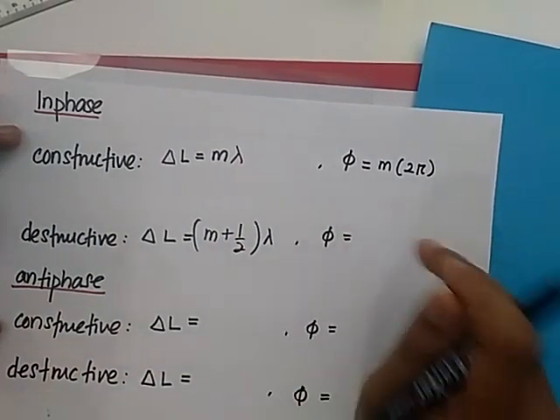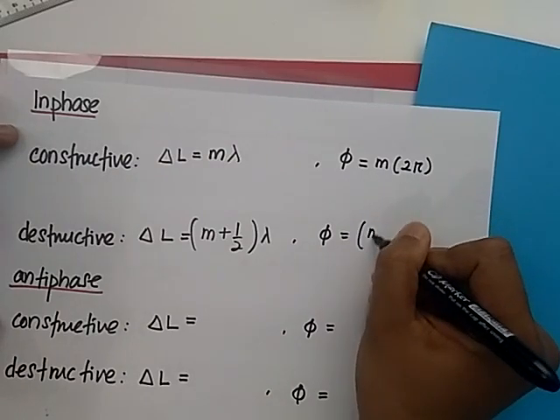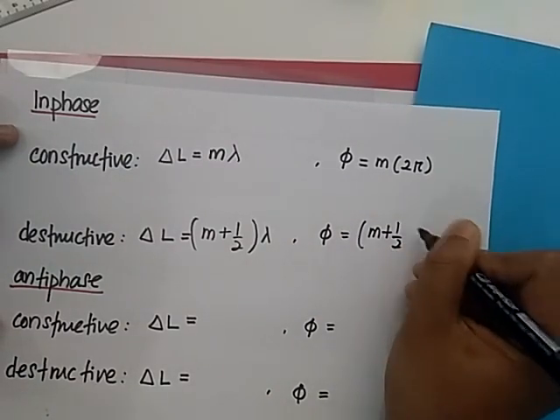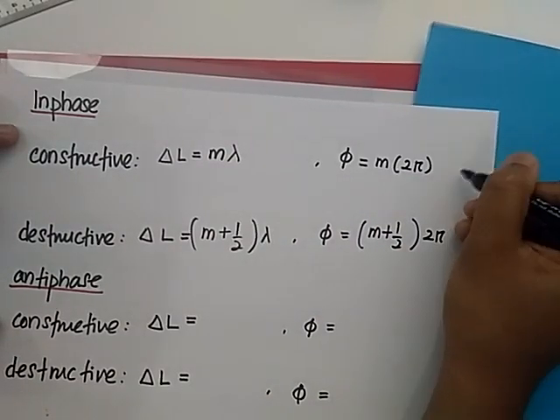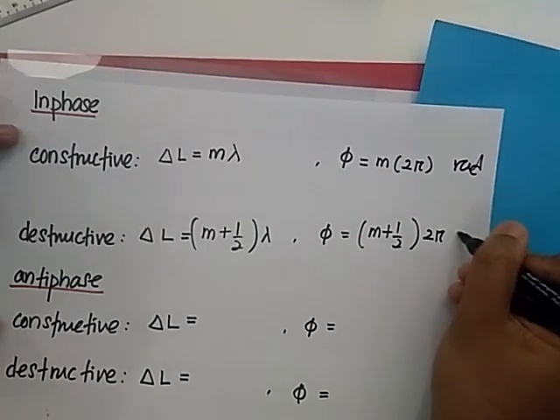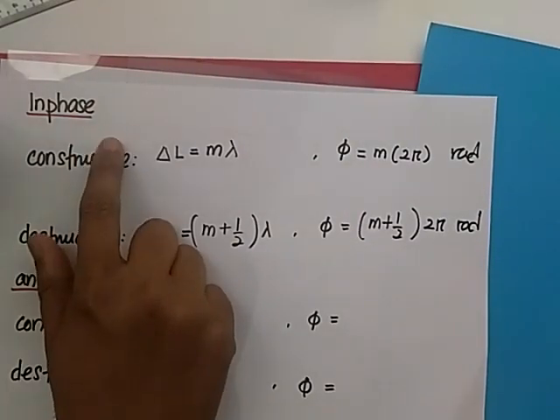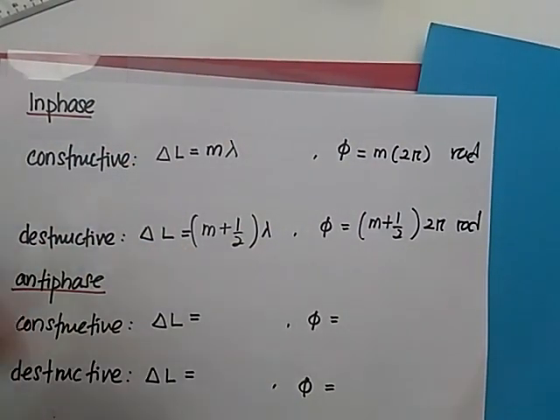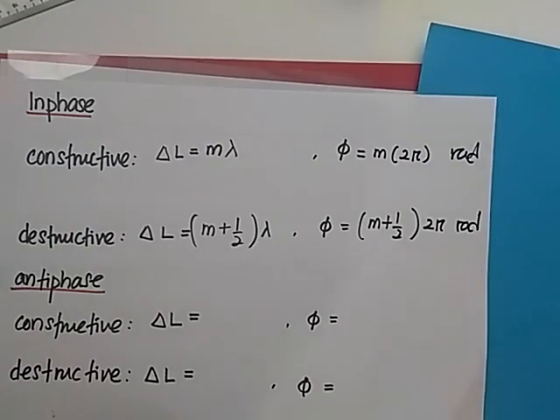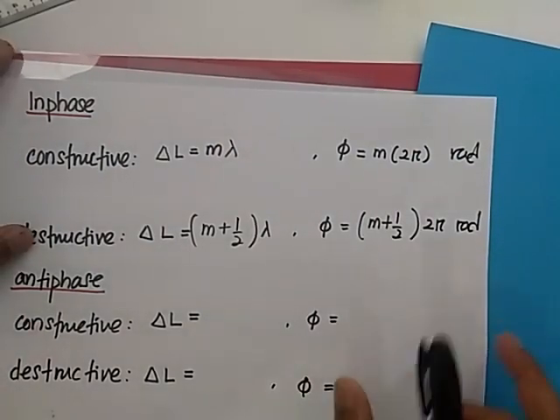So, bagi phase difference, therefore, is m plus half 2 pi radian. Okay, so itu condition bagi two sources that are in phase bagi case constructive dan destructive interference.